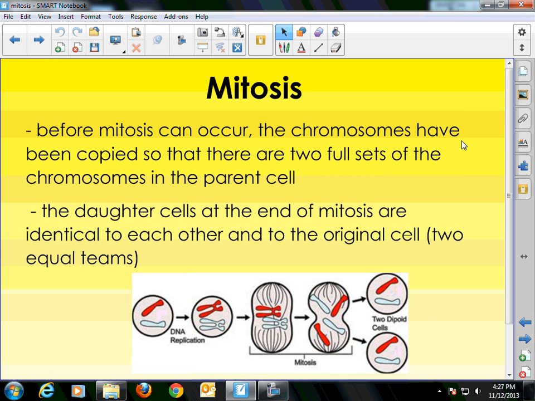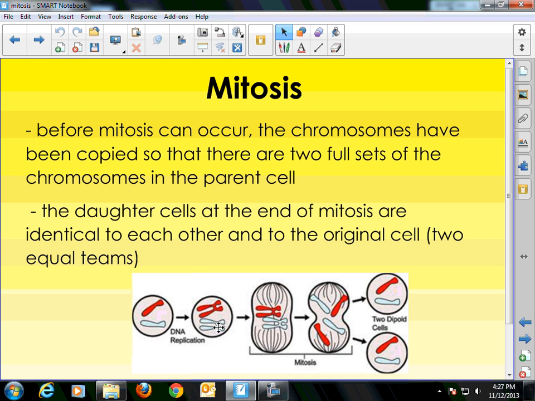One of the things about mitosis before it can happen is we have to make a copy of the DNA. So before the cell divides, remember S phase from the cell cycle, these chromosomes go from a single strand of DNA to two strands, and they are hooked together so that the two strands don't get mixed up with all the other chromosomes in the cell.